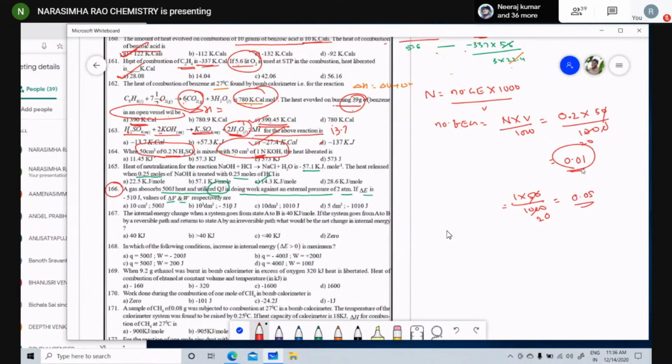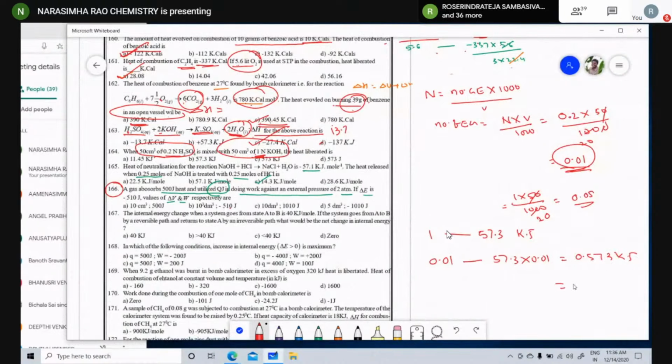Now let's see, our limiting reagent is sulfuric acid based on this. 1 gram equivalent weight of H plus ion gives 57.3 kilojoules. The question is asking about this one. 0.01 gives 57.3 into 0.01 is equal to 0.573 kilojoules.